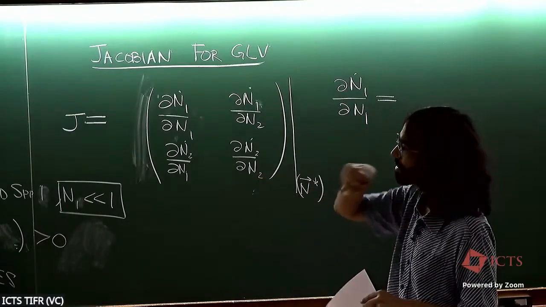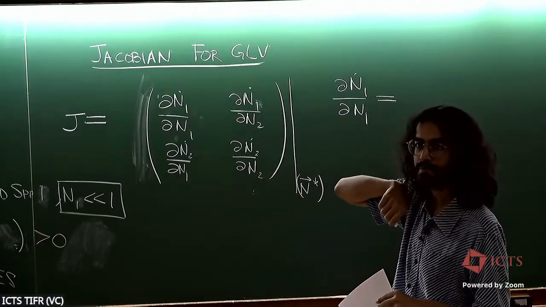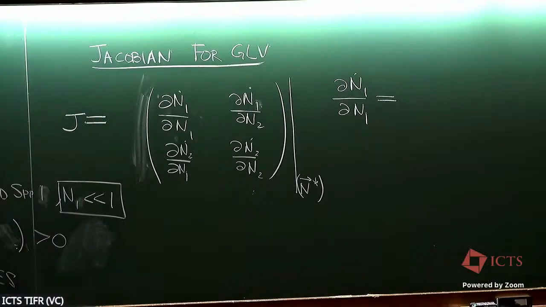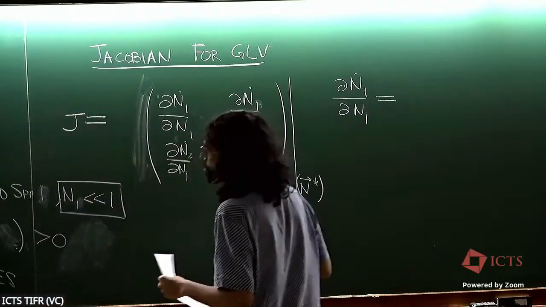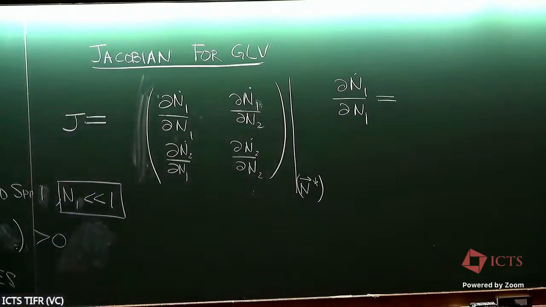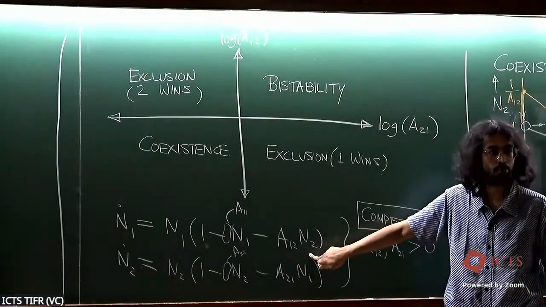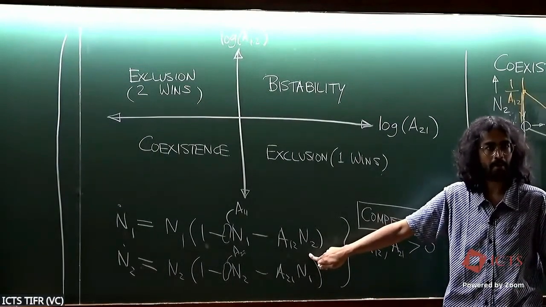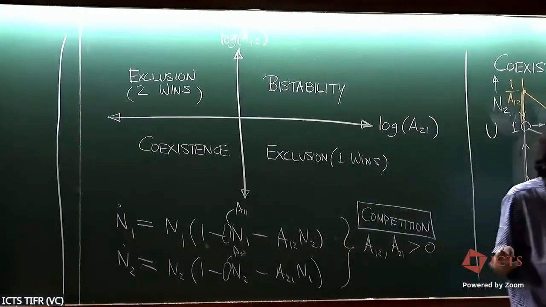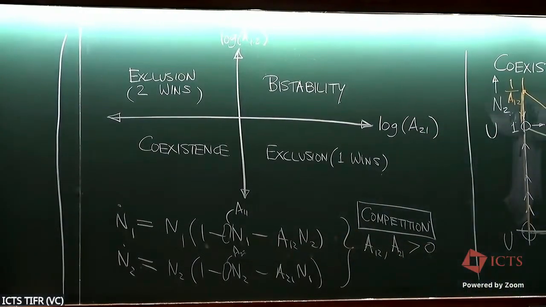This is not a trick question, right? Just have to take a partial derivative of this guy with respect to n1. Yeah, so first you do this n1 bit, and you get 1 minus n1 minus a1 to n2, right? And what would this evaluate to if we were doing it at the coexistence fixed point?